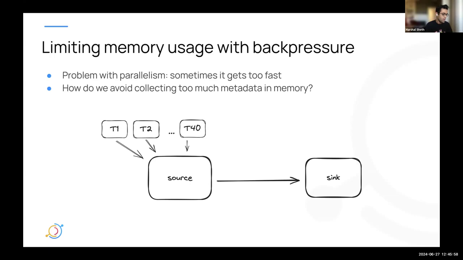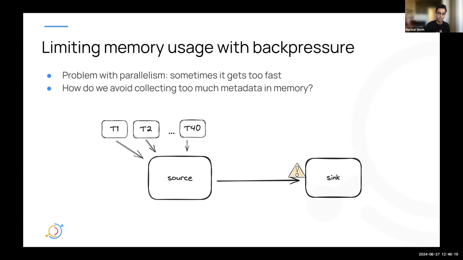So what do I mean by back pressure? If the ingestion sink can't keep up with the ingestion source, let's say the source is a file source, and we're just writing it to DataHub using the DataHub REST sink. The sink will be a lot slower than the file source.